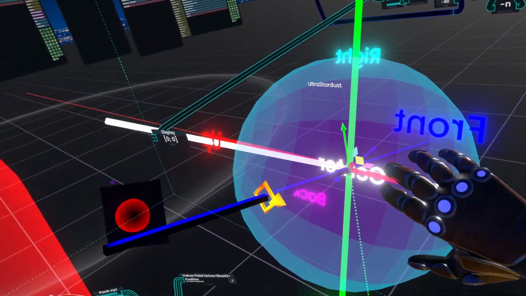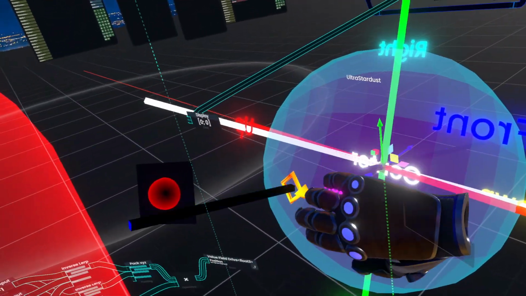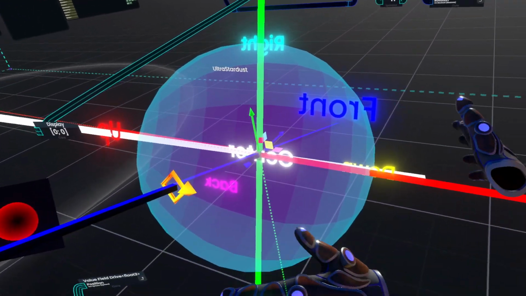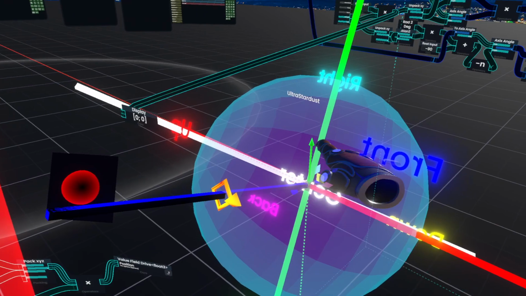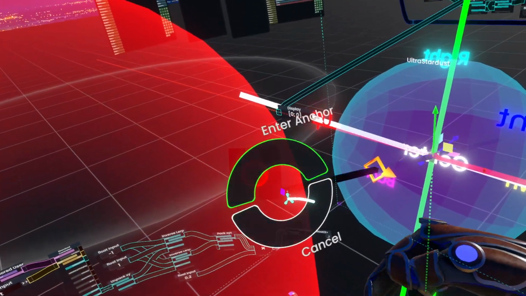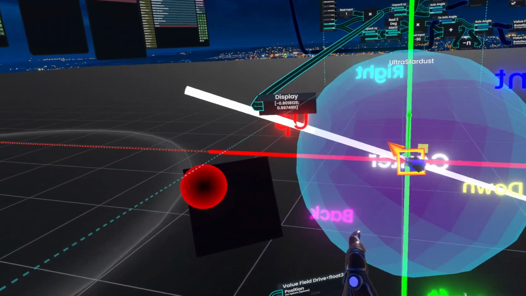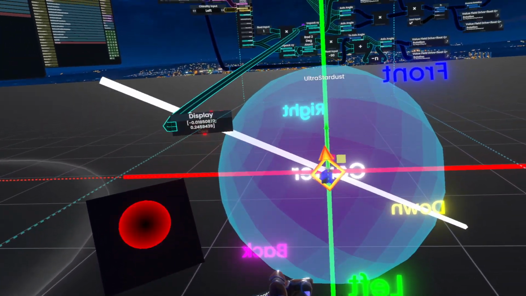So for up and down, we would want the sphere to rotate like that, so it rotates along the red axis, and left and right, we would want it to rotate like that around the green axis. So if I was to hop back in here, left and right, it uses the green, and then up and down, it uses red.